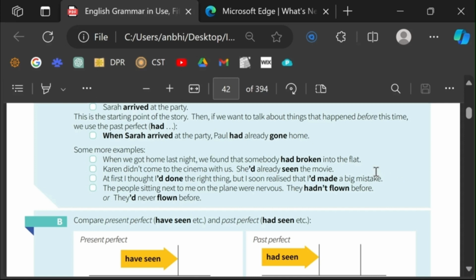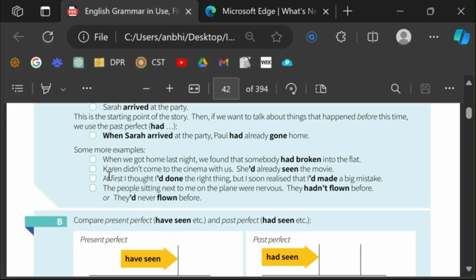In a building, one apartment is a flat. So when they got home, this is what is happening in the past, they found out that somebody had broken in. Something happened before that. Somebody had broken into the flat. It's an action that happened before they got home, you see?